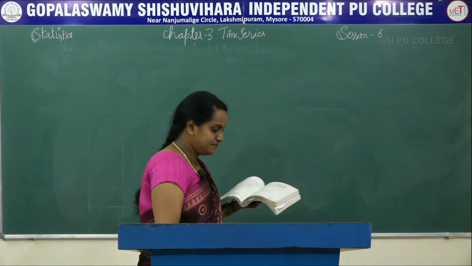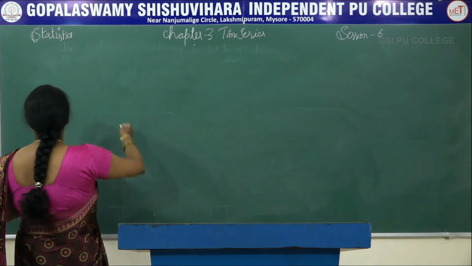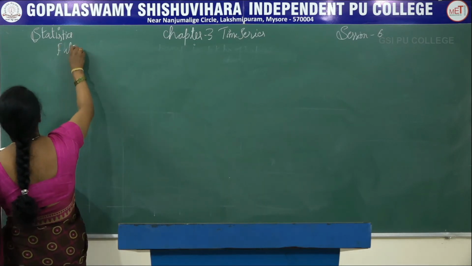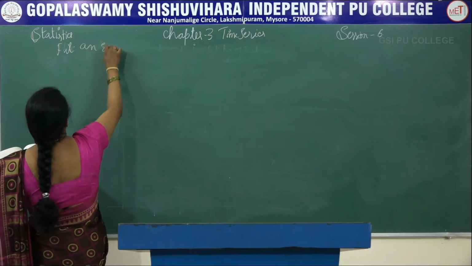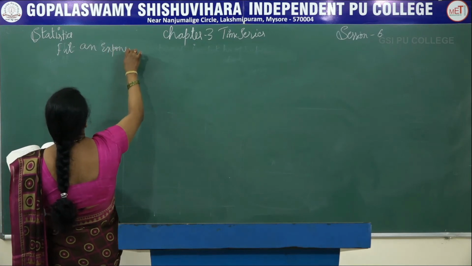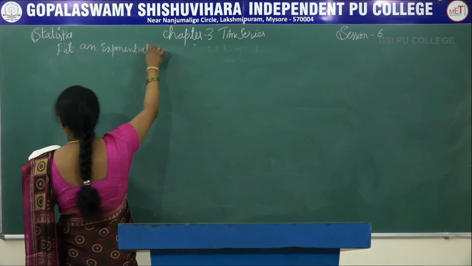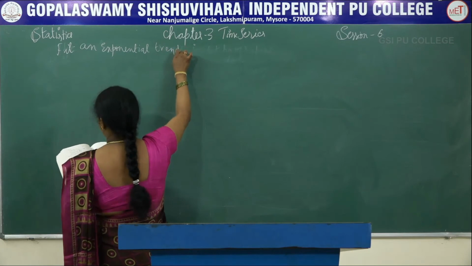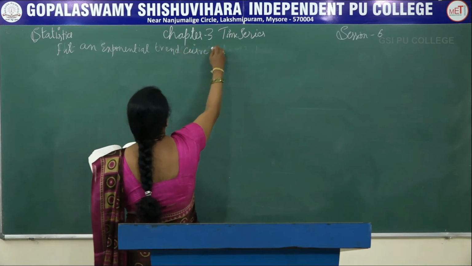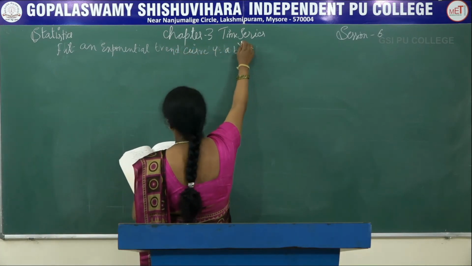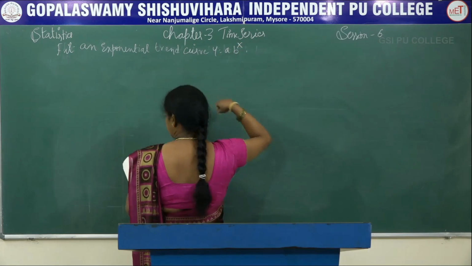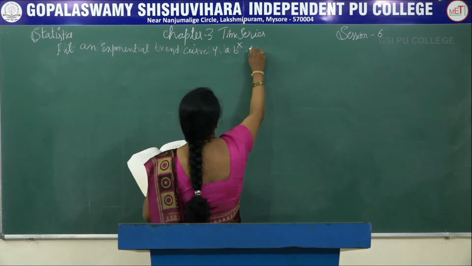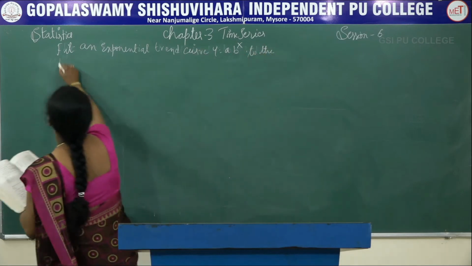And next problem. Fit an exponential trend curve y is equal to a b power x to the following data.